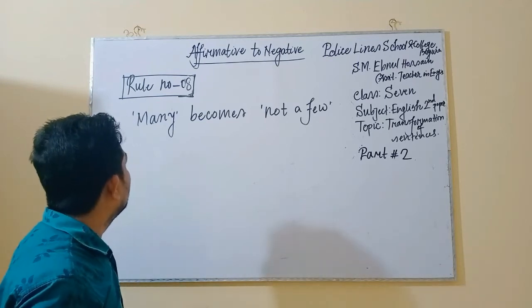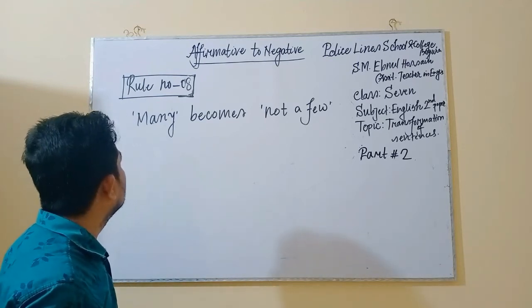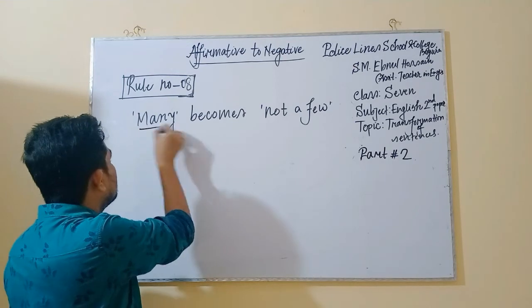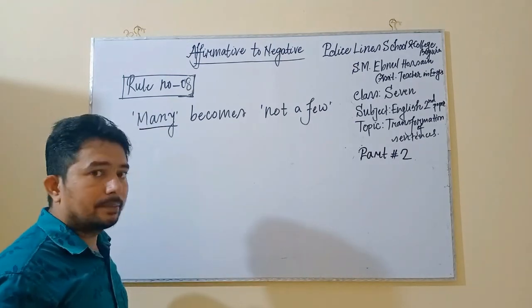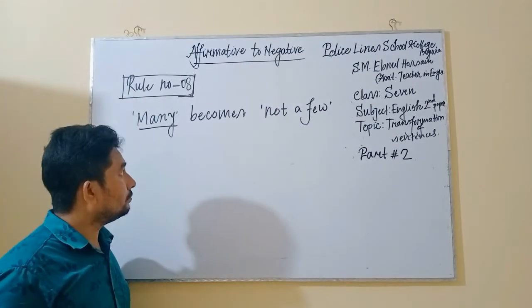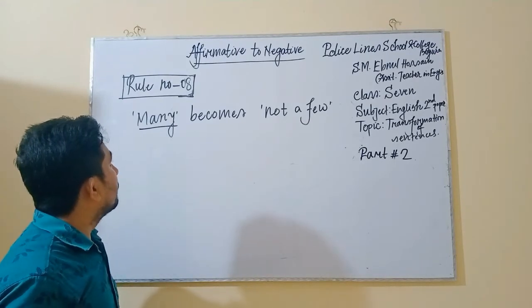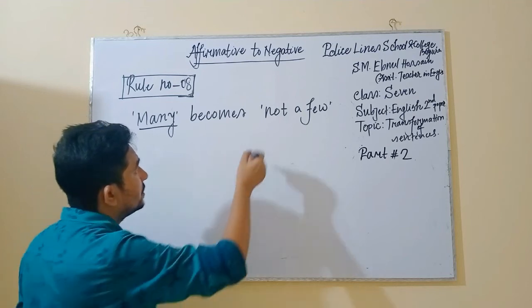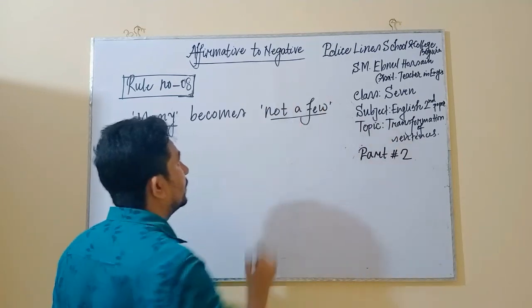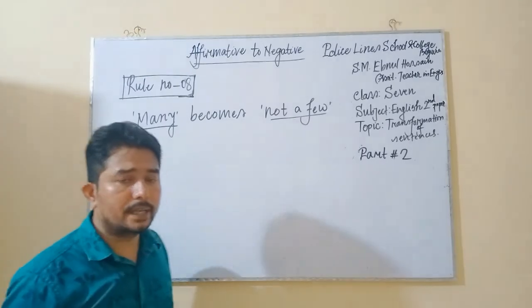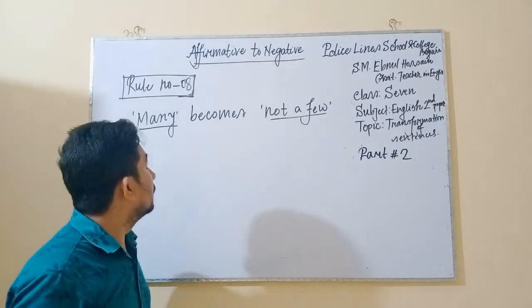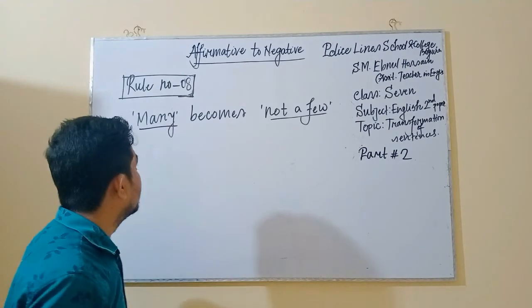Look at the board and the rules very carefully: if we find the word "many" in the affirmative sentences, then this affirmative sentence can be changed into negative sentences by using the words "not a few". So this is a very easy rule. We can change this type of sentences easily.